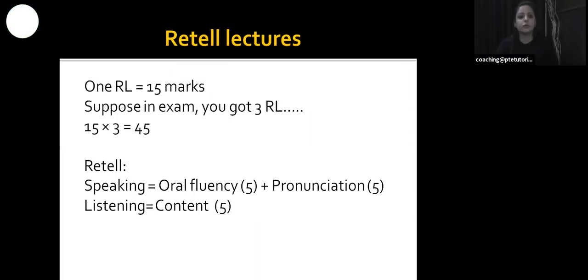Only then will I get the score for pronunciation and then content. First we get the score for pronunciation, after that we get the score for content. And fluency, definitely. One important thing that I want to discuss here about fluency. What is the meaning of fluency?